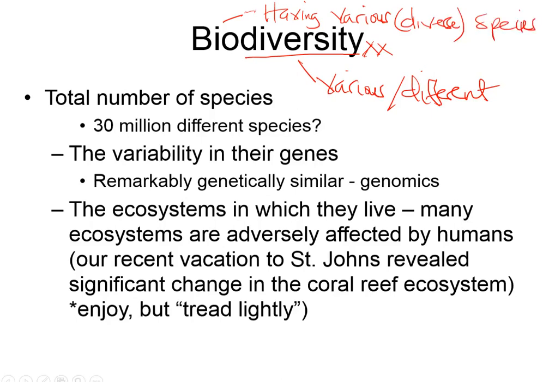So the study of the variability in a species. As a simple definition of biodiversity, it is just the total number of species. When you say total number of species, we mean different species. So for example, does the world have 30 million different species? How do these species vary in terms of their genes?